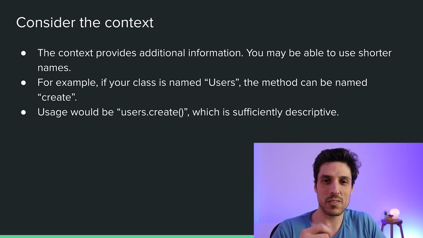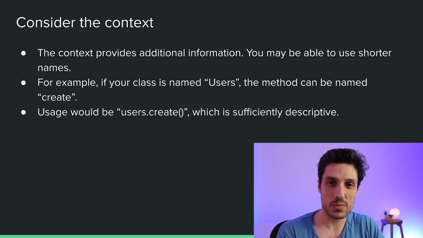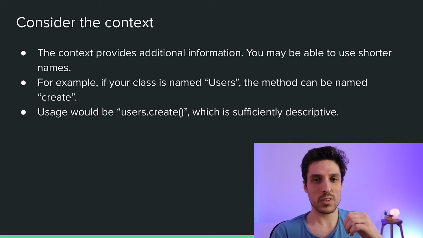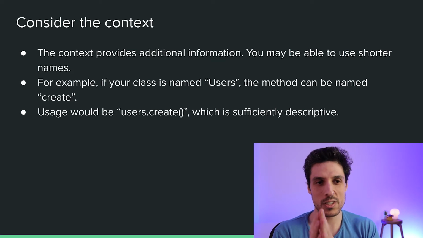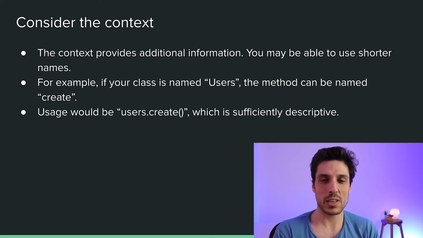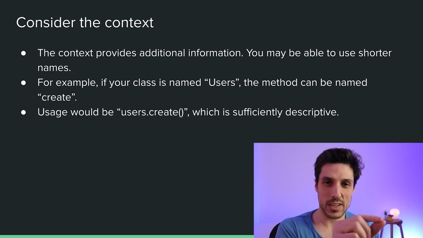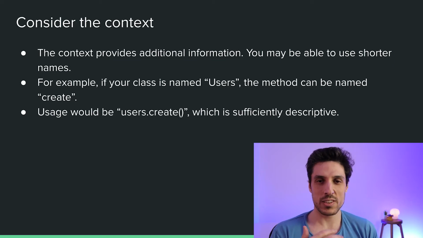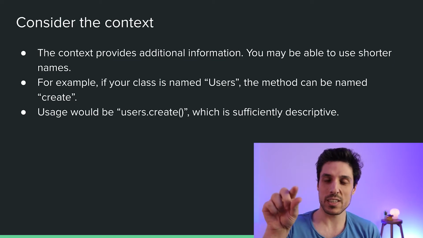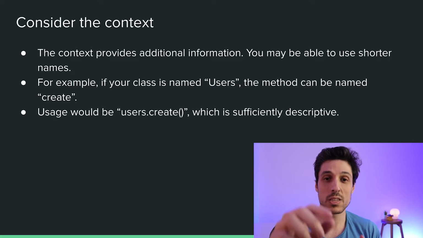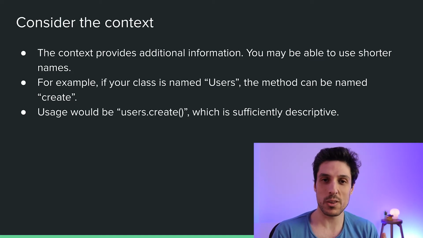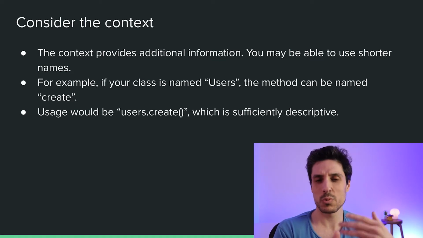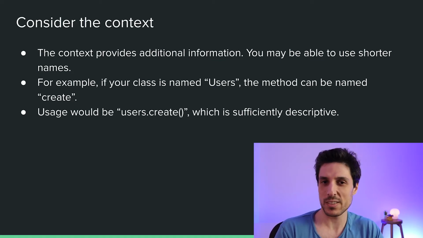For example, if you have a class named users, okay, if you want a method to create a new user, you can just call that method create, because the usage of that method would be something like users.create. And that is sufficiently descriptive, right? Because the context, the class users, gives you additional information. So in this case, you don't need to call the method create user, because it would be redundant, right? I hope that makes sense.